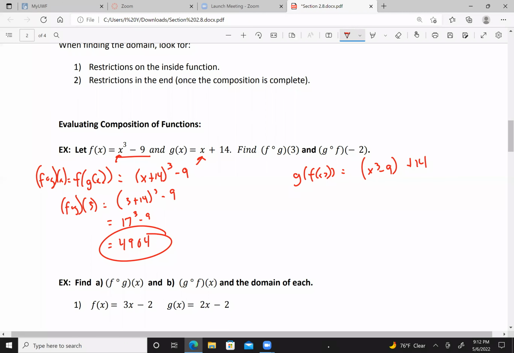Again, if we're finding the composite of g and f of -2, we have -2 cubed minus 9 plus 14, which is what? -8 minus 9 plus 14. And this is just a coincidence that we would get that like that.